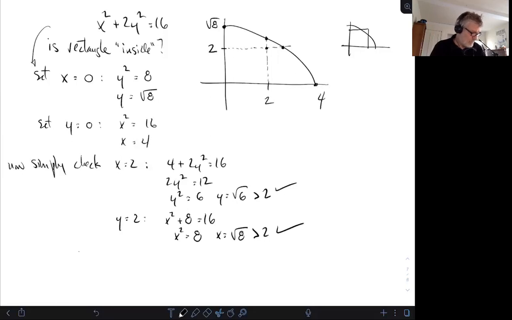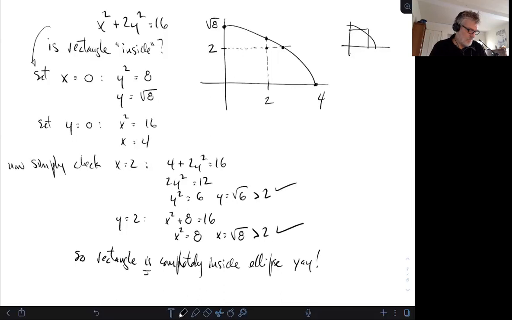Okay, so the rectangle is completely inside the ellipse. Okay, so it's exactly like the picture shows.